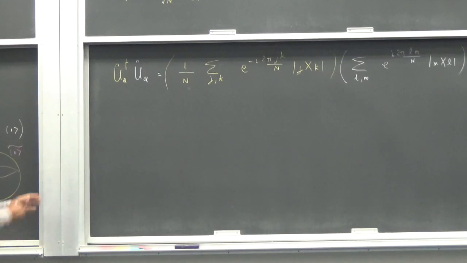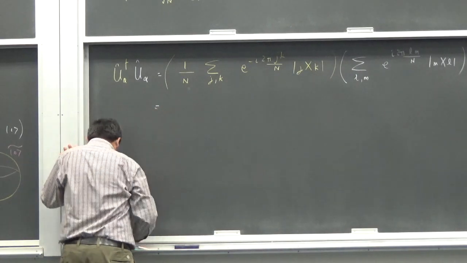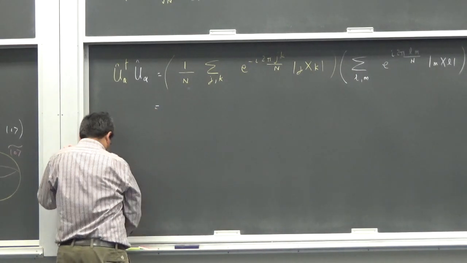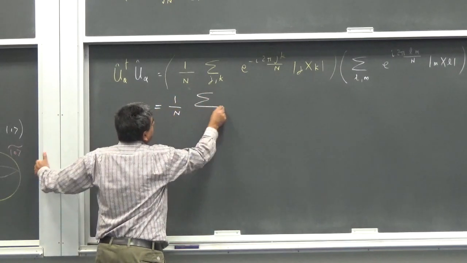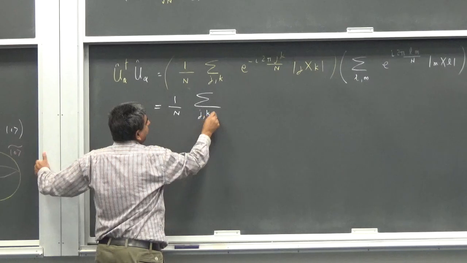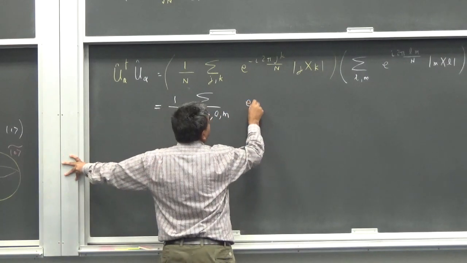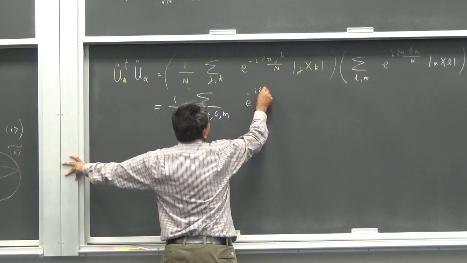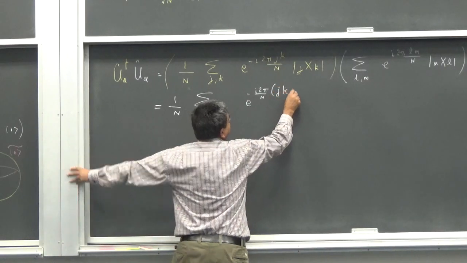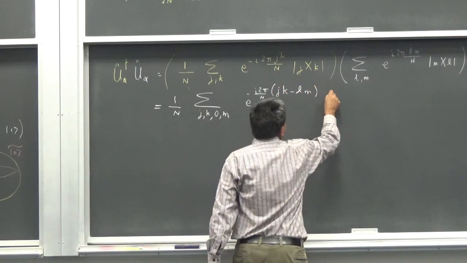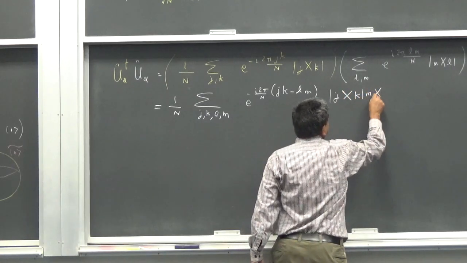Fine. So now just expand, so I have a big summation, 1 over n, over j, k, l, m, e to the minus i 2 pi over n, j k minus l m, ket j bra k ket m bra l.